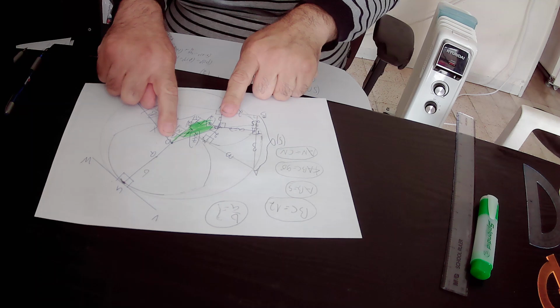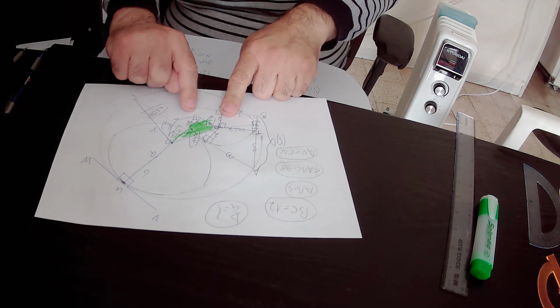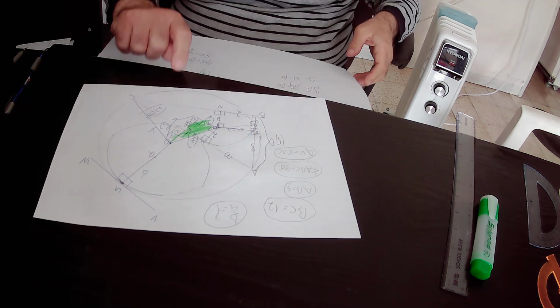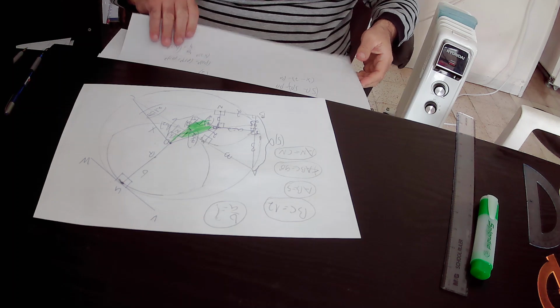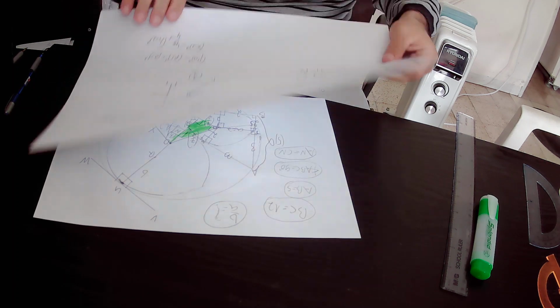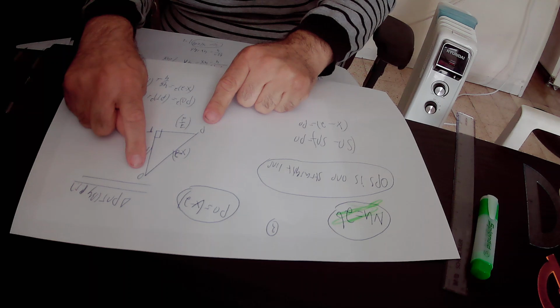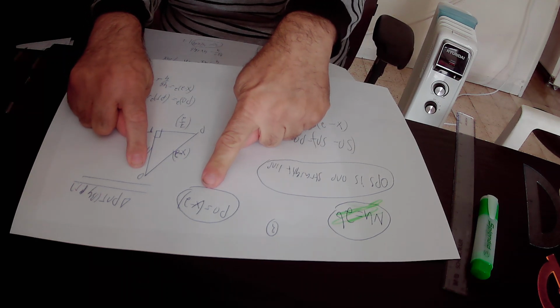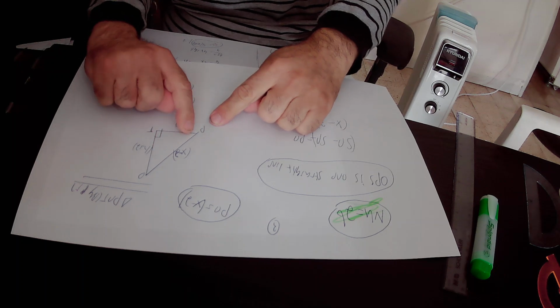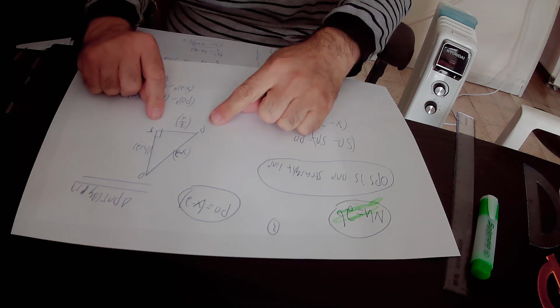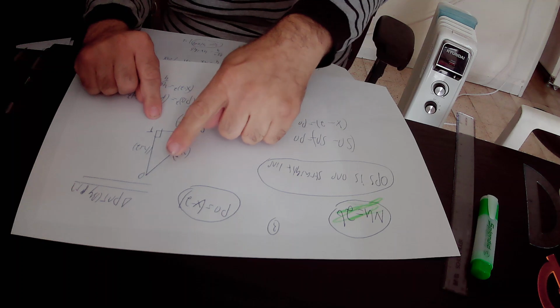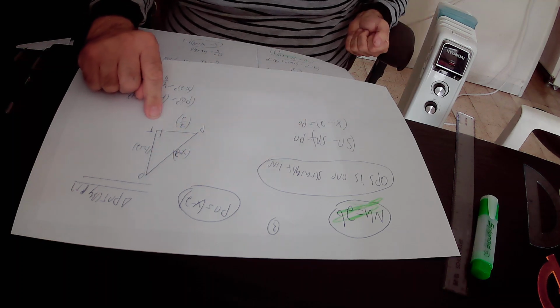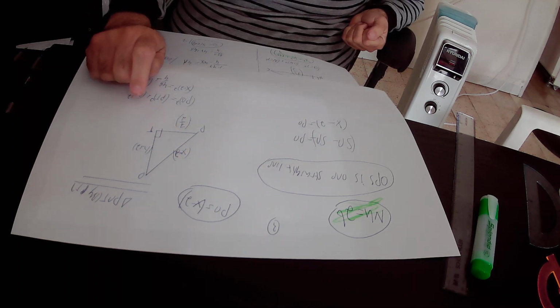We have already found out that PO equals x minus 2 and PT equals 7 over 2.